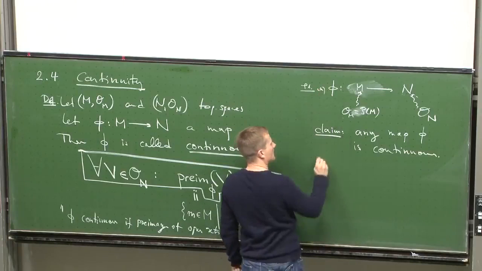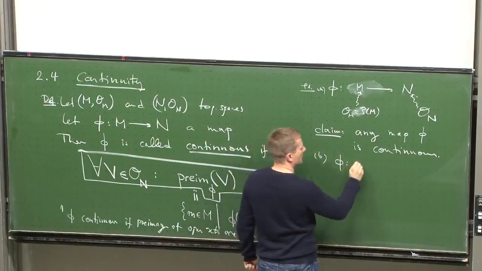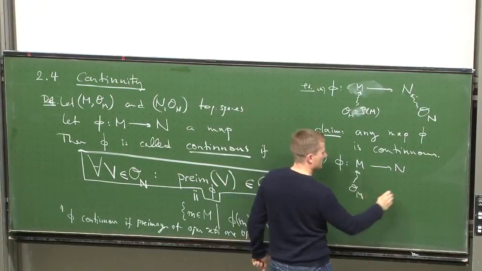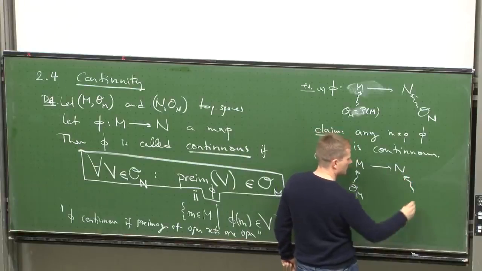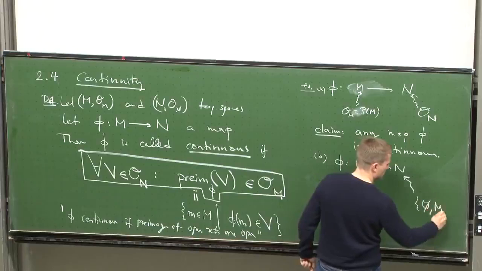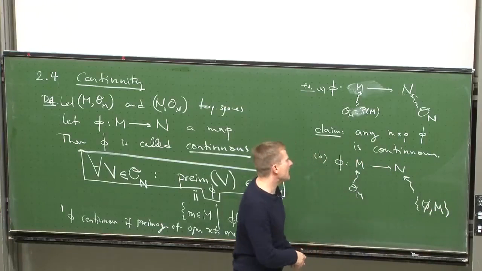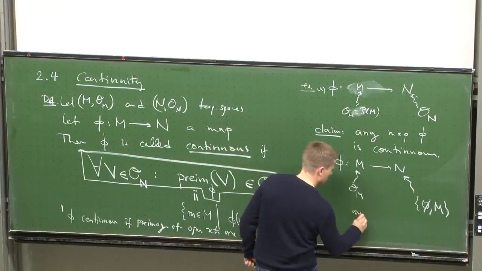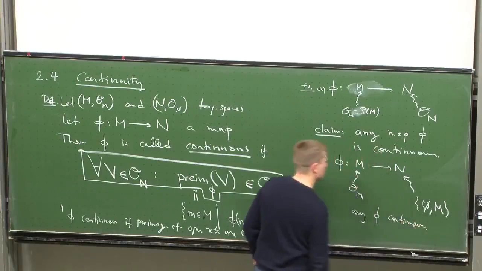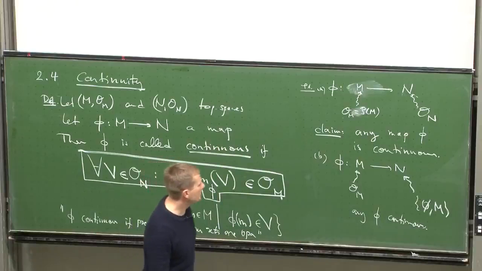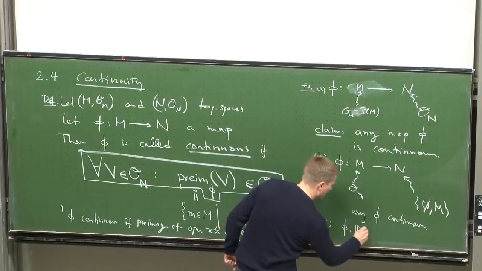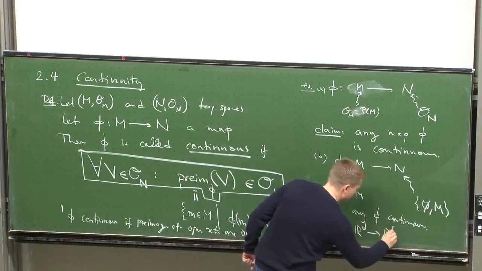That's the first example. The second example, you take a map from M to N. Now, the domain, you can choose anything you like. In the target, you choose the chaotic topology. Similar game, any map is continuous, as you may quickly think about. And then the third example, you take a map from R^d to R^f.